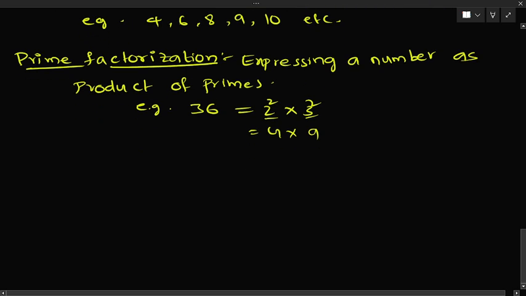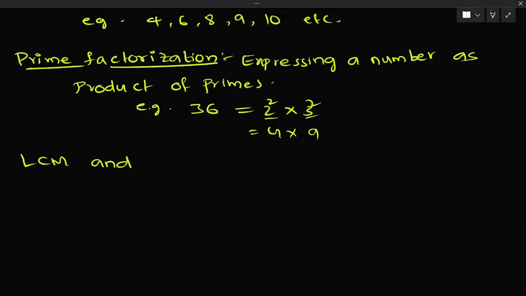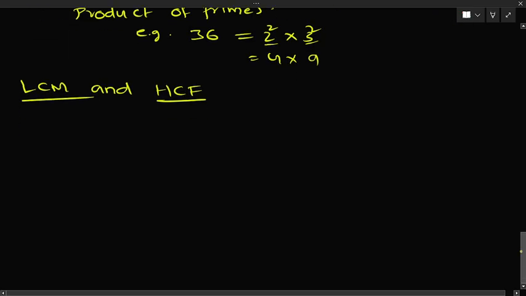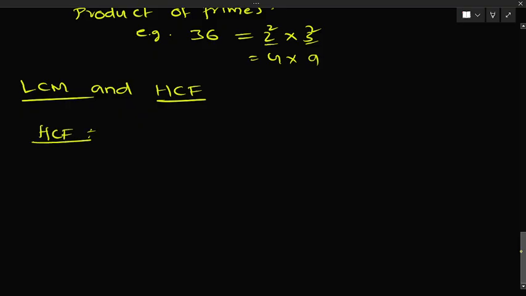And our next topic is LCM and HCF. These are all an introduction, brief concepts related to numbers. In the next video, we will go through these concepts in complete detail. So firstly, I will discuss HCF. What do you mean by HCF?